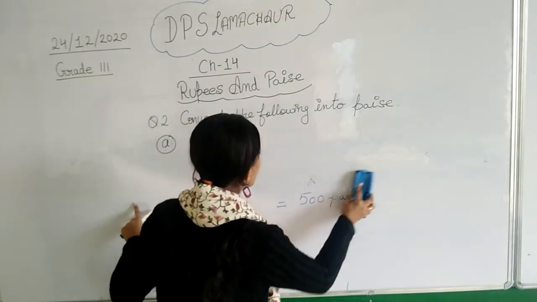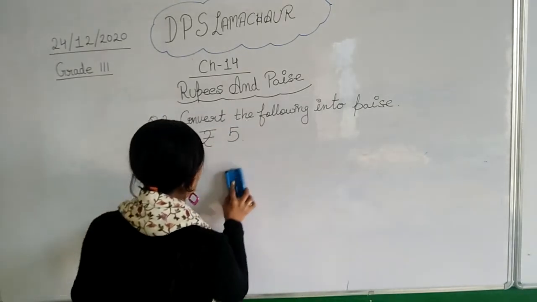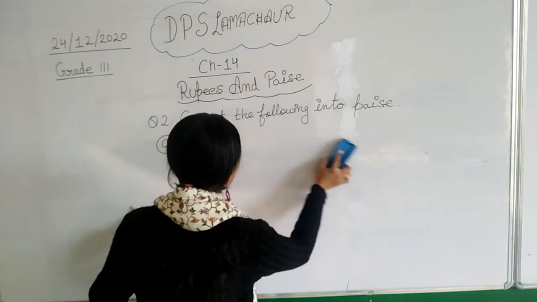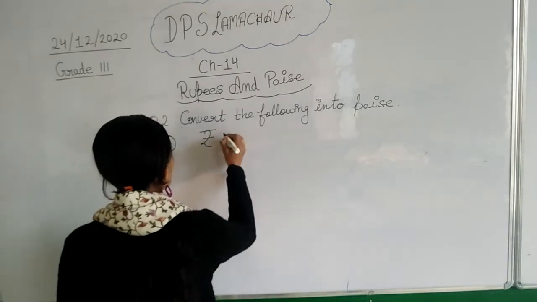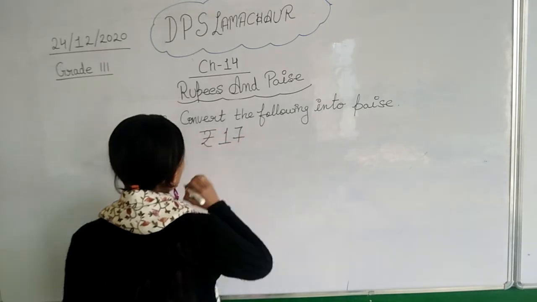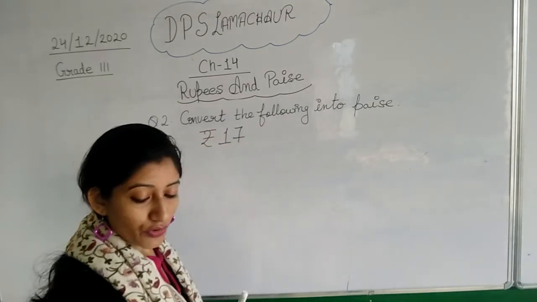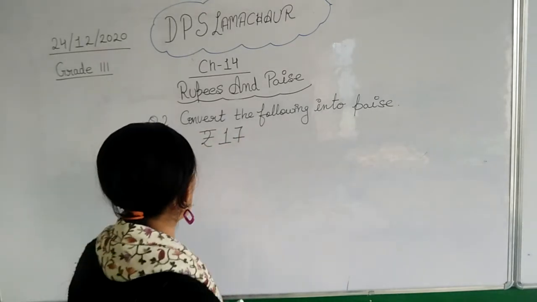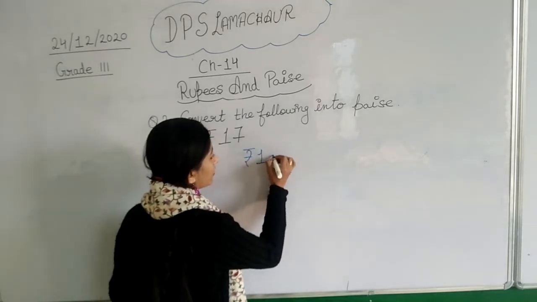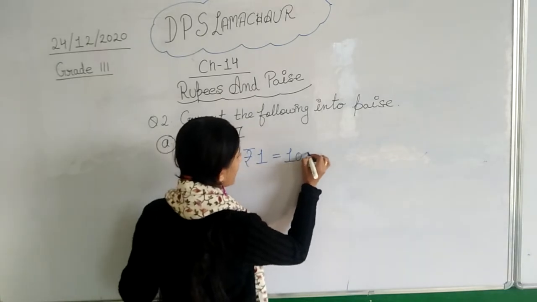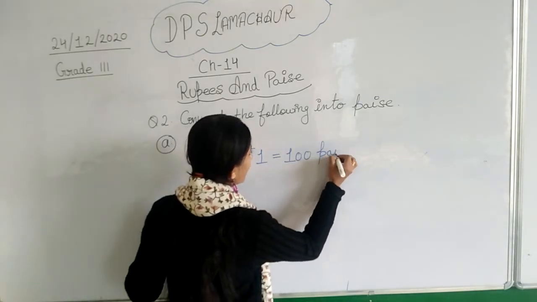Suppose it is given rupees 17. Now it is asking you to convert rupees 17 into paise. So how will you convert? Very easy. Now we know the relation. Rupee 1 is equal to 100 paise. Right?